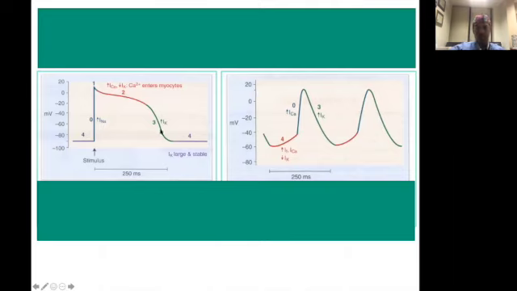Who can tell me, this is an important aspect, the difference between the picture that we're seeing on the left and the picture we're seeing on the right? Someone from Bahardar.